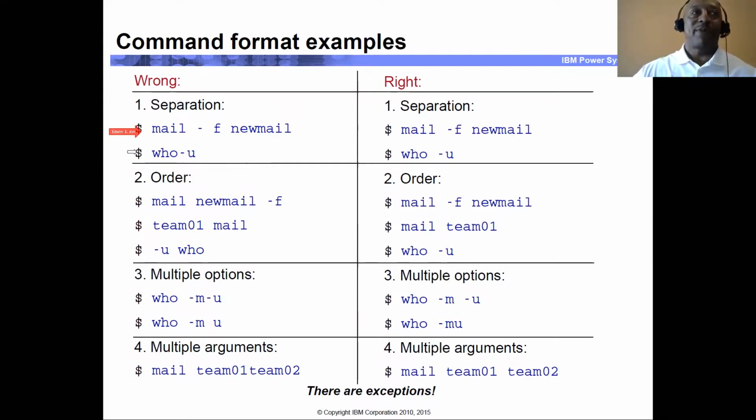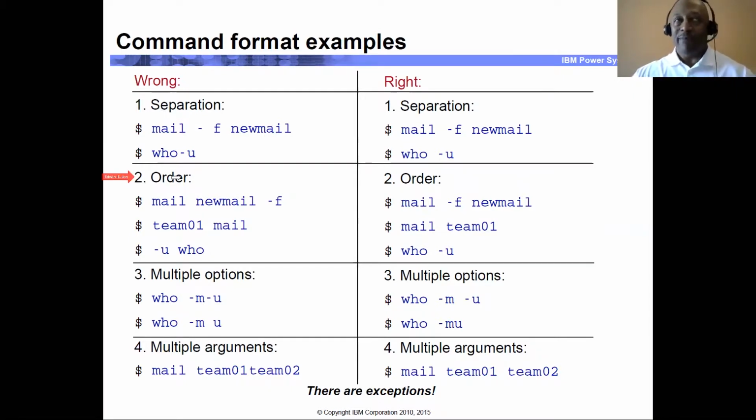Second wrong example here: the who command with no space between the command and the option. So now the shell says command not known. The correct way would be the command who, and then the option dash lowercase u. So this is looking at separation first. Our second consideration, as far as command execution, is the order.